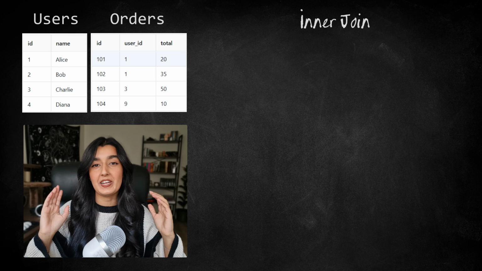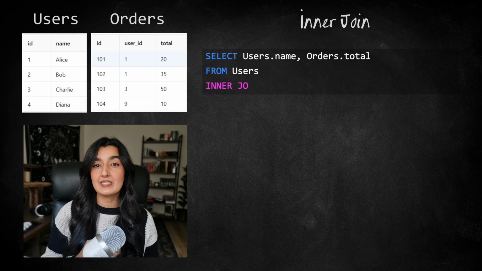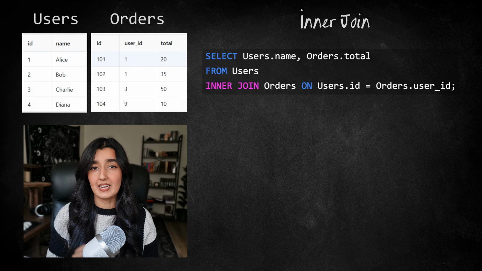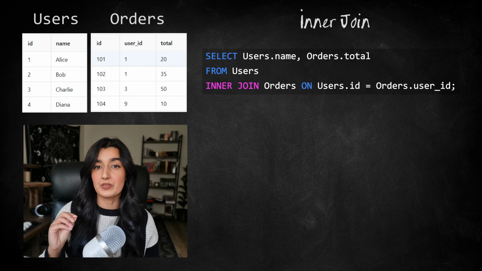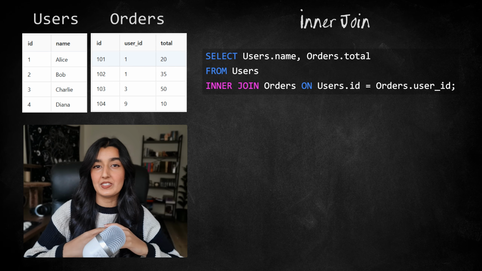So we're going to select users.name and orders.total, and we're going to take this from the users table. But this is going to be inner joined with the orders table on users.id equals the orders.user_ID.